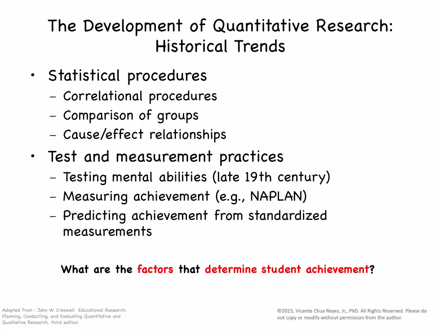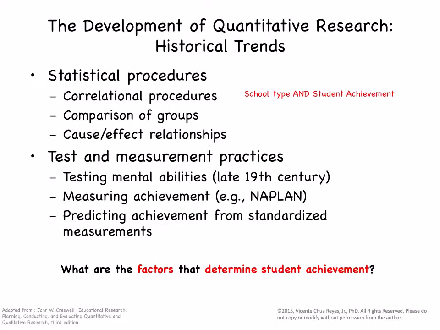Earlier, I gave you the question, what are the factors that determine student achievement, as an example that we will be working on as we explore quantitative and qualitative research. If we take a look at statistical procedures, tests that determine school type and its relationship with student achievement is an example of a correlation procedure, which is one way of answering that question that we have identified.